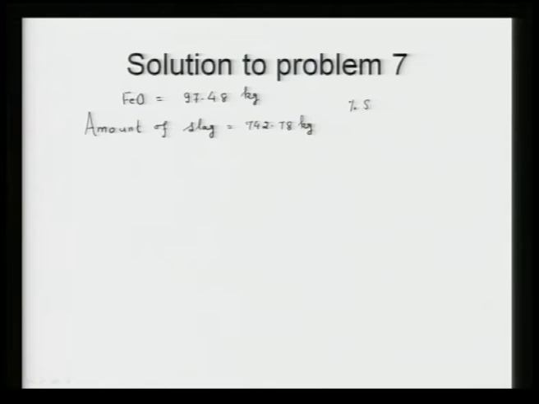We have percentage SiO2, percent Al2O3, MnO, we have calcium sulphide, we have calcium oxide, we have MgO and we have FeO. They all will be calculated in percent.